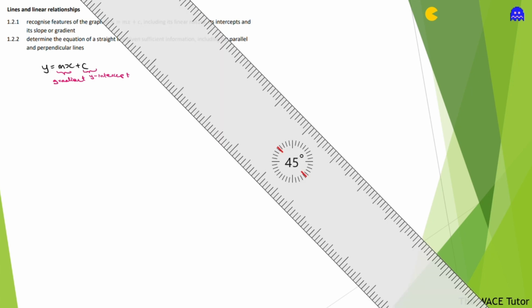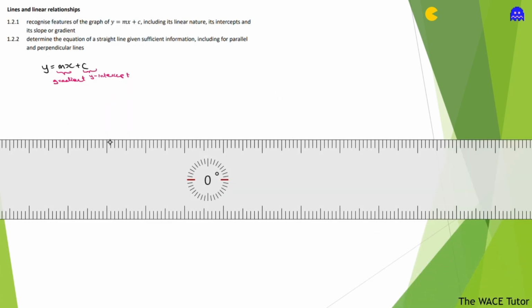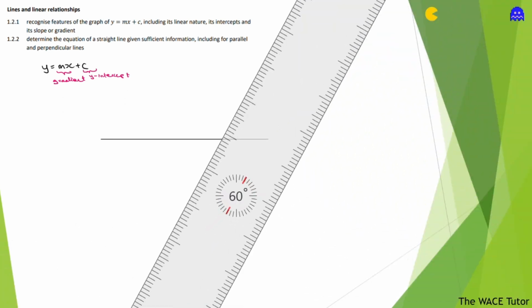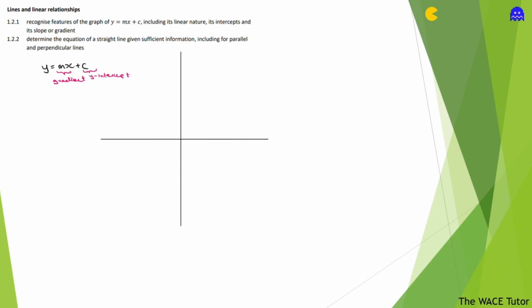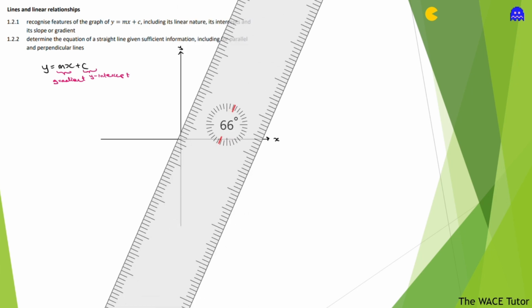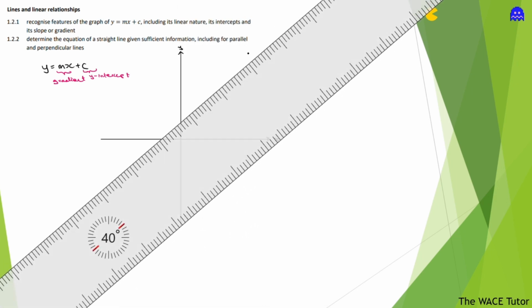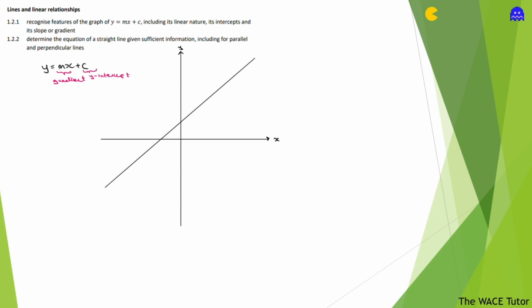If we look at the graph of this line on a Cartesian axis, which is an xy plane, so this is my y-axis, this is my x-axis, my line will look something like this. And it will have an associated y-intercept of c, and it will have a gradient m.